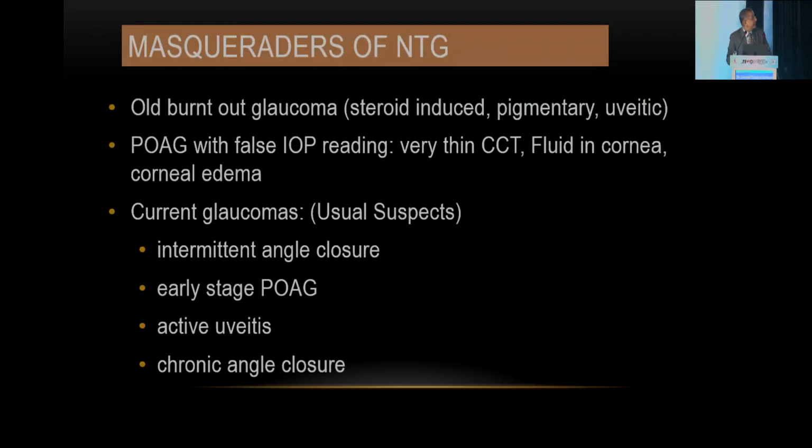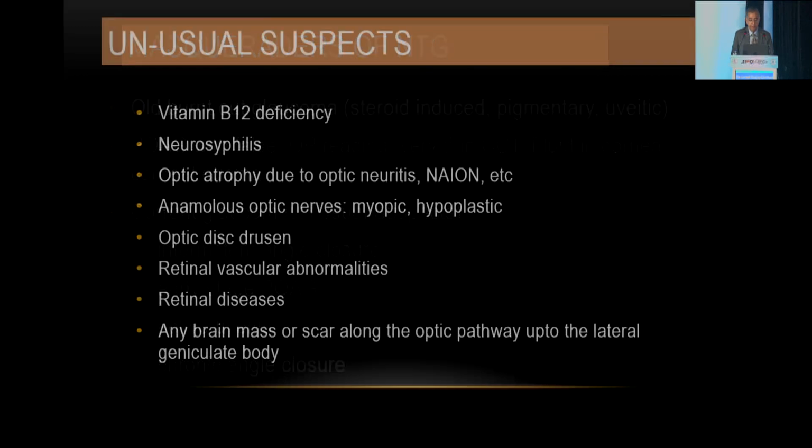What are the masqueraders of normal pressure glaucoma? Old burnt-out glaucoma, primary open-angle glaucoma with a false reading, such as fluid in the cornea due to LASIK or corneal edema, recurrent glaucomas, intermittent angle closure, early stages, active uveitis, because they don't produce aqueous humor, and chronic angle closure.